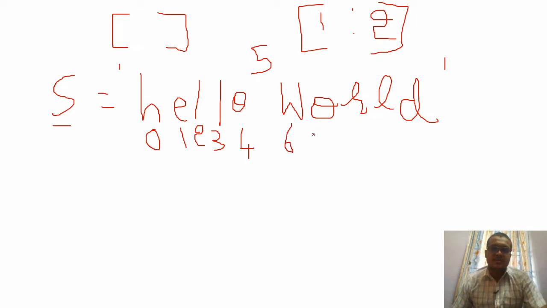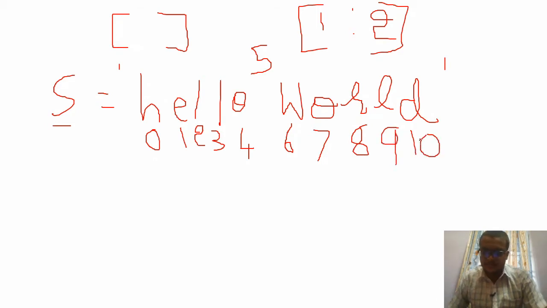Then 6, 7, 8, 9, 10. As I told you earlier, it starts from 0. So the accessing starts from 0, and these are memory locations. Even the space is going to be counted.